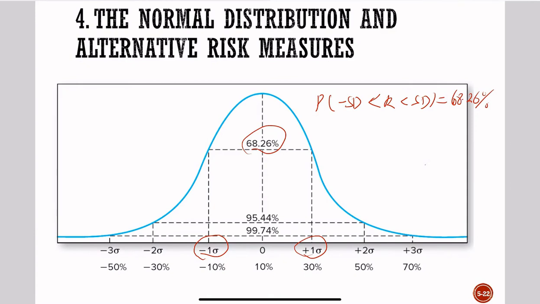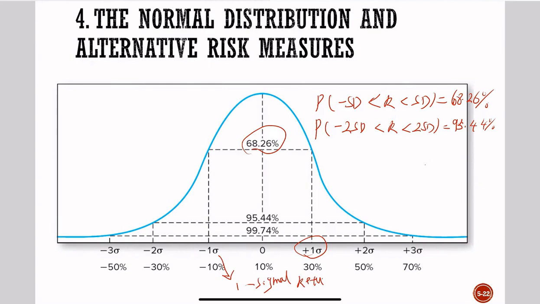And then by the same reasoning, you can see that the probability of the return lying within 2 standard deviations is 95.44%, right? So in investment, we generally call this return the 1 sigma return.